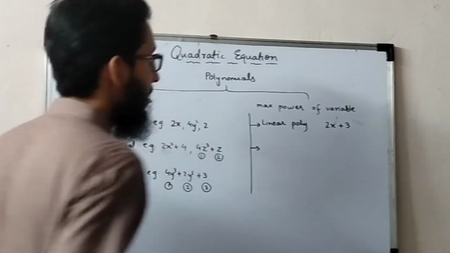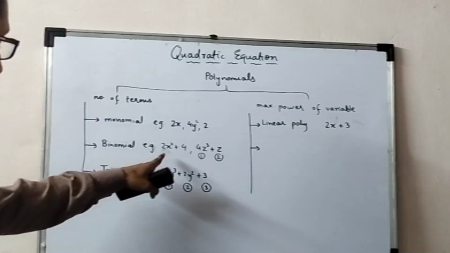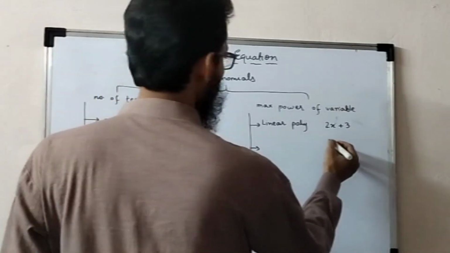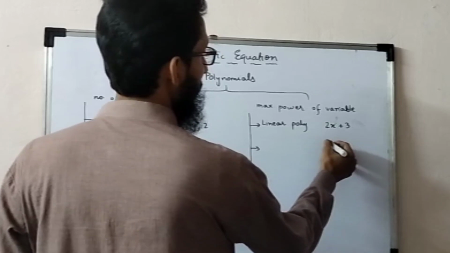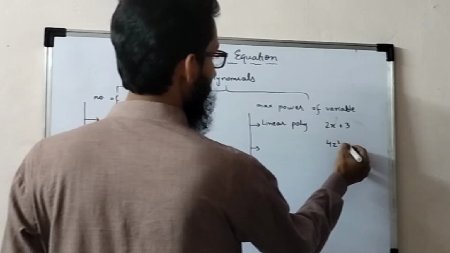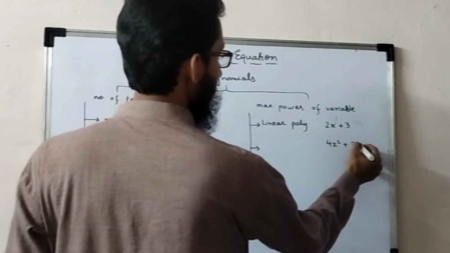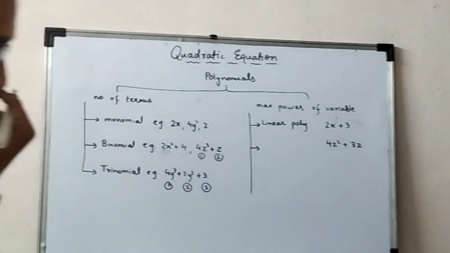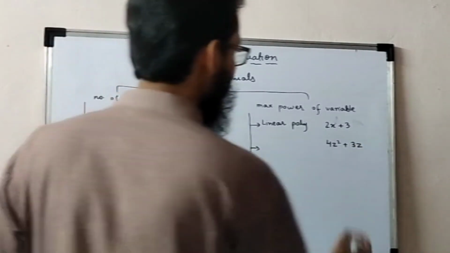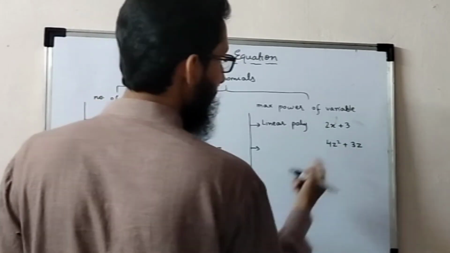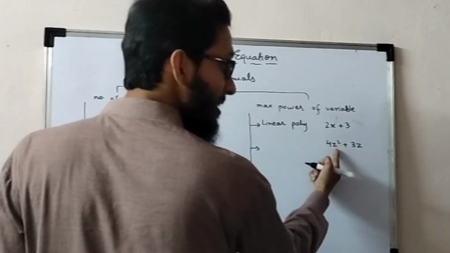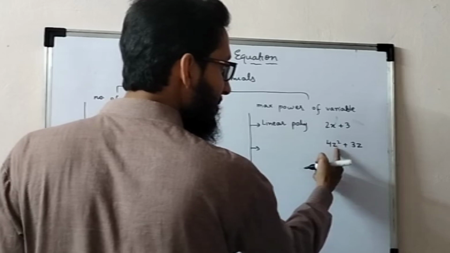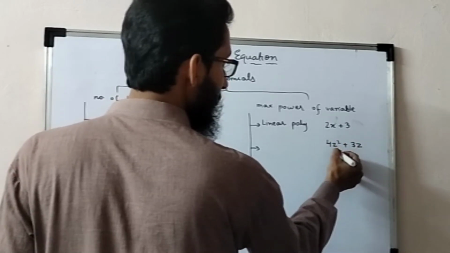Second type, if you take example of this 2x square plus 4, or whatever you can take, 4z square plus 3z. Okay. In this polynomial, we have two terms, first term, second term. In first term, we have variable z square. It means the power of z here is 2.